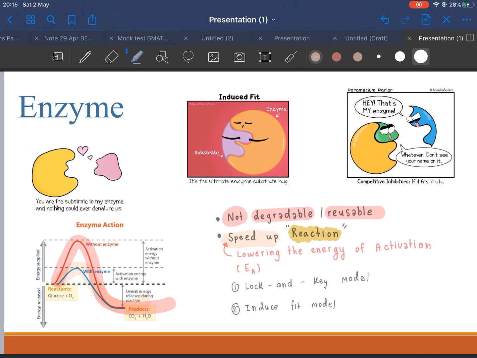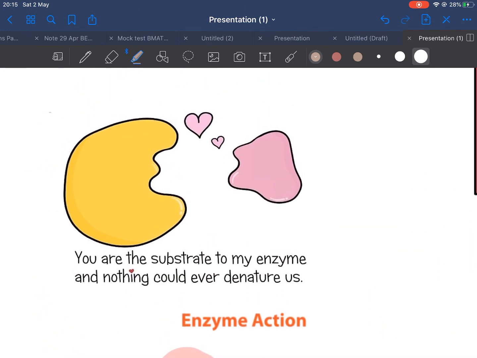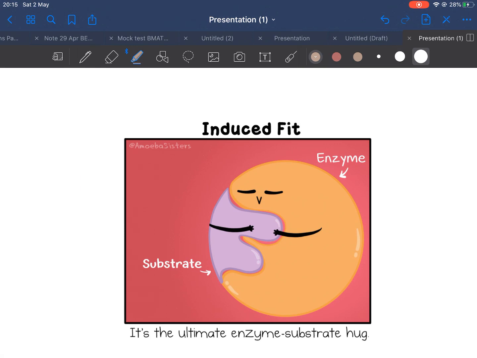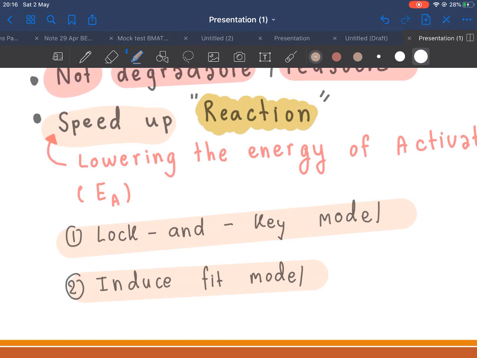Now, whenever we talk about enzyme, there are two points: lock and key model and induced fit. This is just some kind of cute quote. You are my substrate to my enzyme, and nothing could ever denature us. Well, let's go through the first one. The induced fit is the model used today, in which the enzyme changes slightly to take the substrate into place, while the lock and key model is the one where they have to be exactly the same in order to fit together.